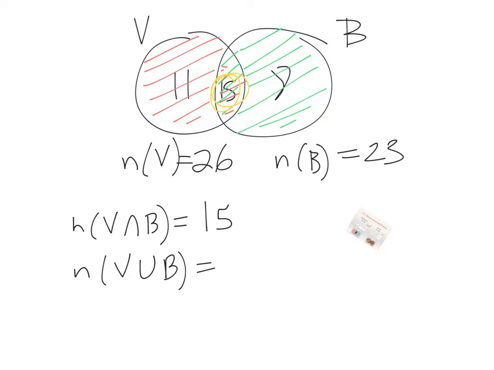Union means all of the numbers, everything inside the two circles. So union here would be 11 plus 15 plus 8, which is, I think, 34.